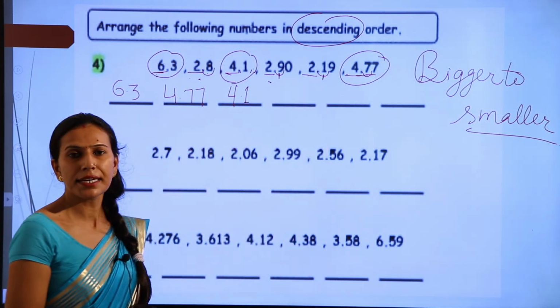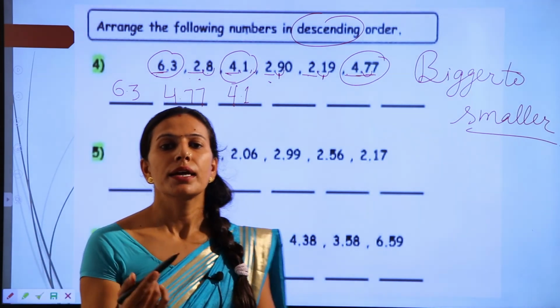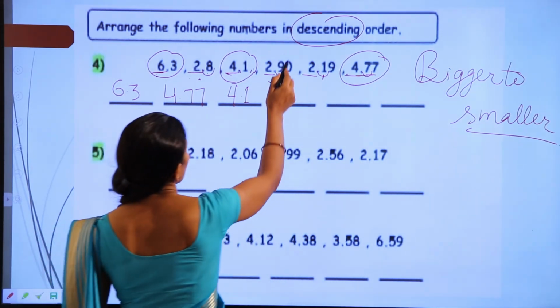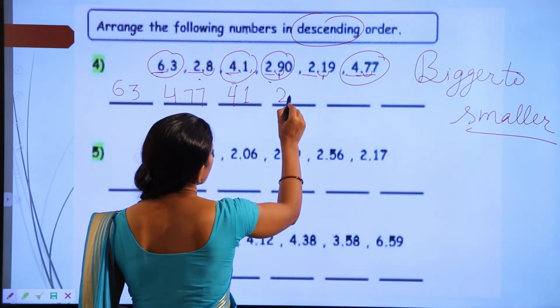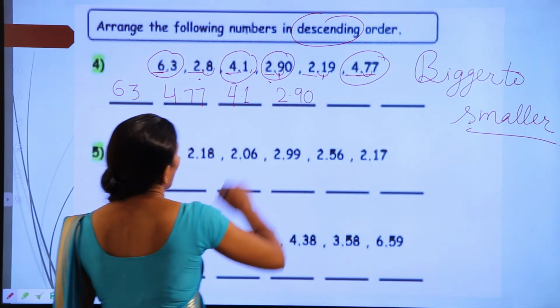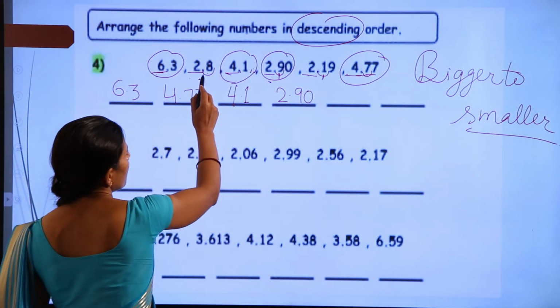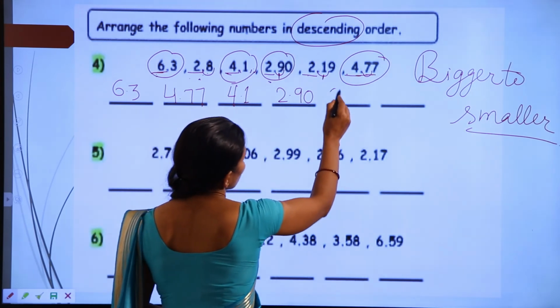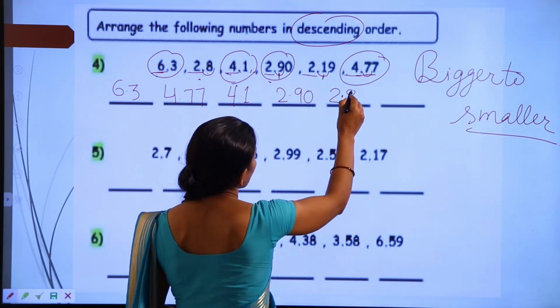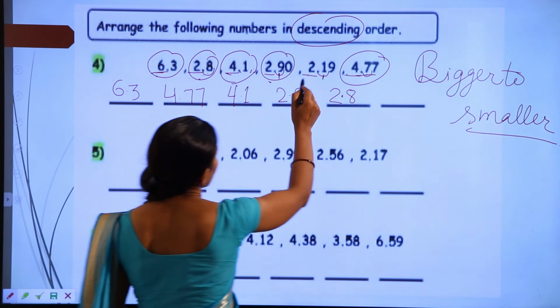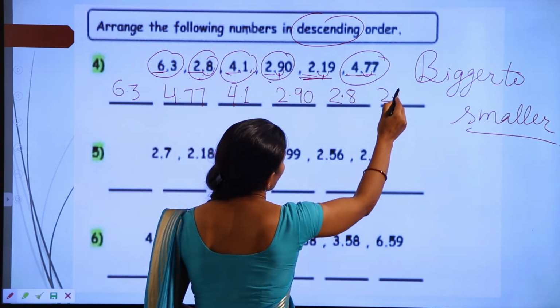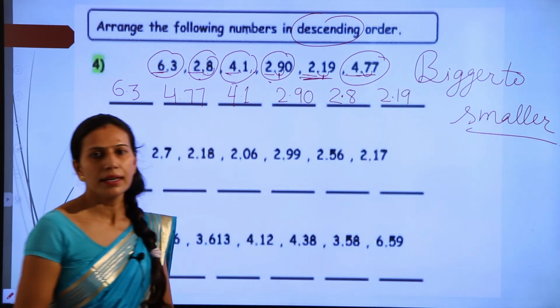So which one is greatest? 8, 9 and 1. 9 is the greatest. So we will write 2.90 and after that 8 is greater than 1. So we will write 2.8 and the last number left is 2.19. Right? You got it?